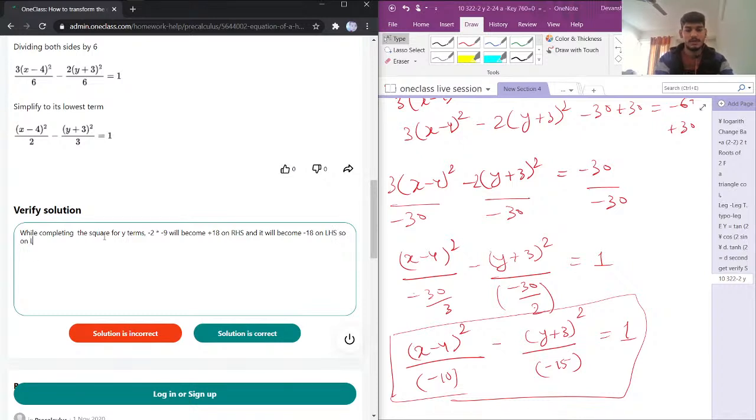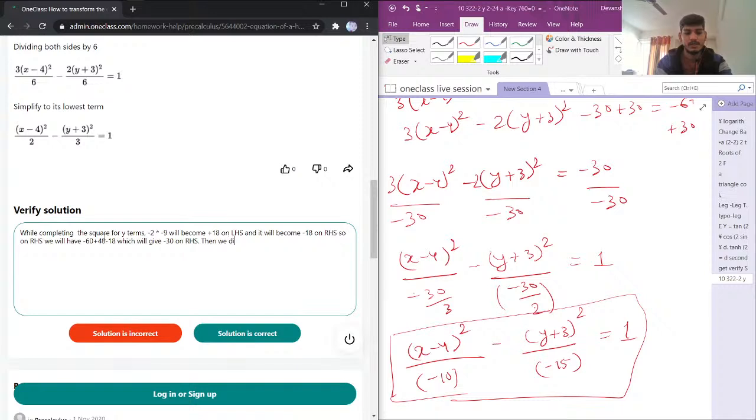So on LHS we will have minus 60 plus 48 minus 18, which will give minus 30 on RHS.